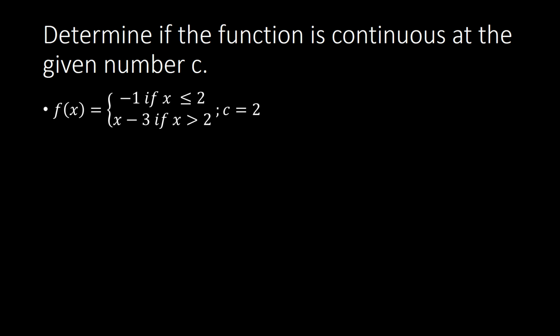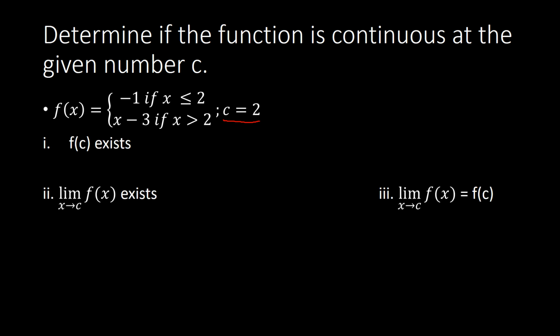Our c here, we are trying to test whether our function is continuous at the number c, which is equal to 2. So the first thing to do is we are going to test whether our function satisfies all the three conditions. First, f of c must exist, meaning once we plug in our c value into f of x, automatically we get a value there.